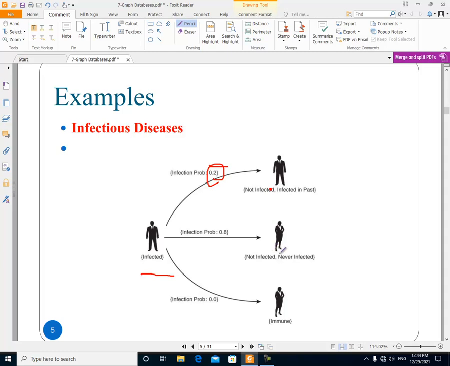If the person is not infected and he was never infected in the past, the probability of infection is 0.8. And if the person is immune, the probability is 0. Okay, so we could have graph data in different situations.